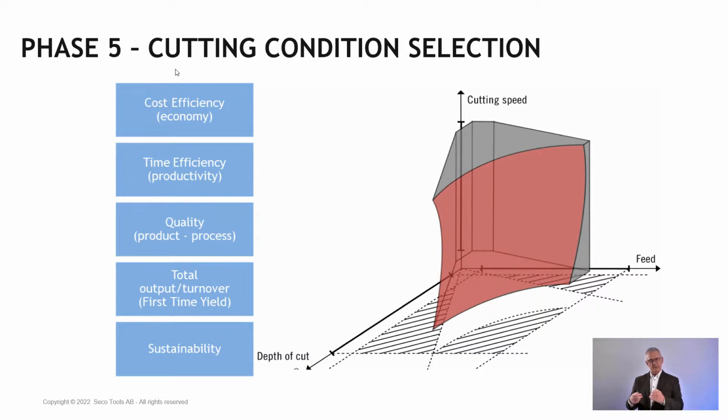And then I confront it with the reality, I see what happens, and I make it work. I play with combinations of cutting conditions so that the tool functions, does what it is supposed to do. That's phase 5. That's the 5th step.